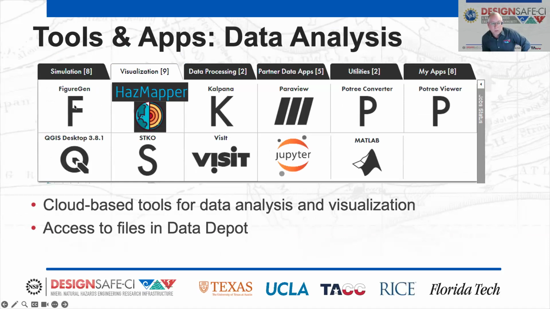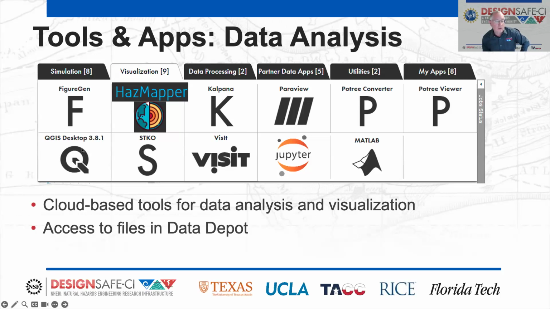So, very typical high performance computing or scientific visualization capabilities: figure gen, ParaView, VisIt. HazMapper is similar to Google Earth, but it's an application we develop at TACC, a geospatial tool that integrates with a lot of geosourced data.